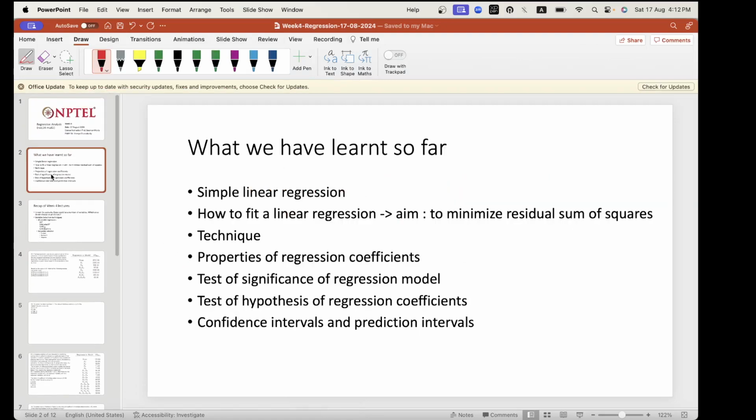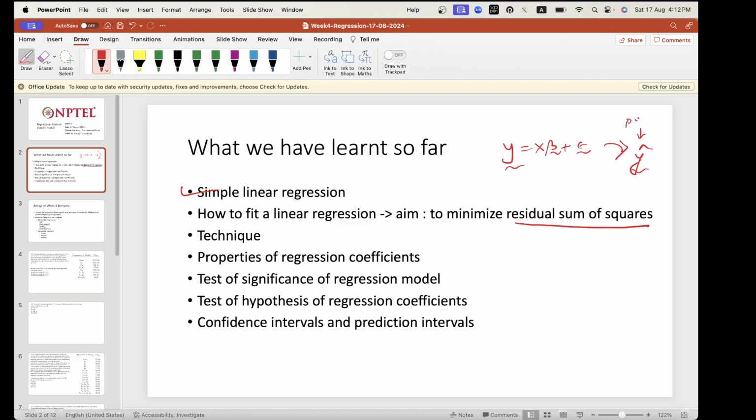Fine. So just a brief recap on what we have learned so far. So far we have learned how to fit a simple linear regression. What is the aim? The aim is to minimize the residual sum of squares. So if we have a model like this, y equal to x beta plus epsilon, we would have predictions from here which would be denoted as y hat.